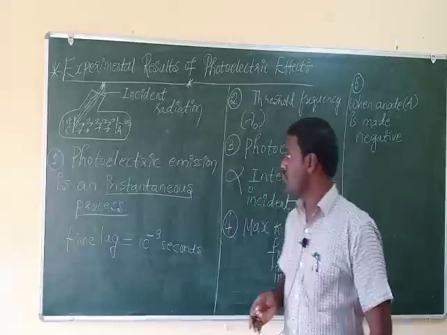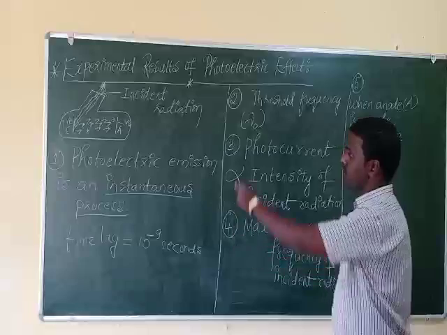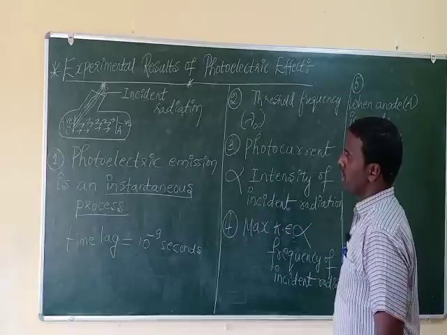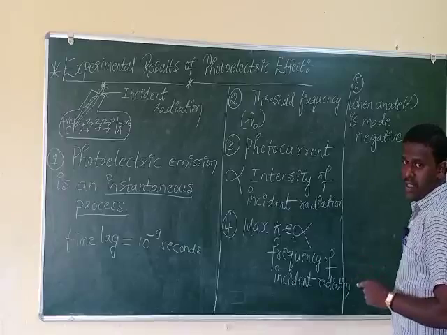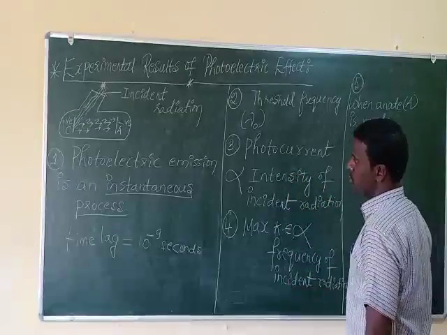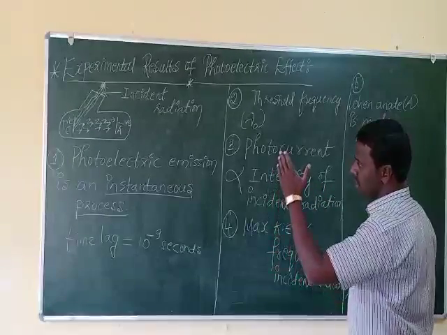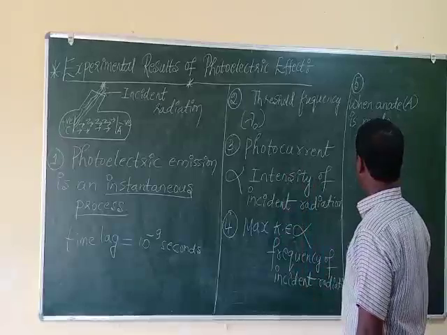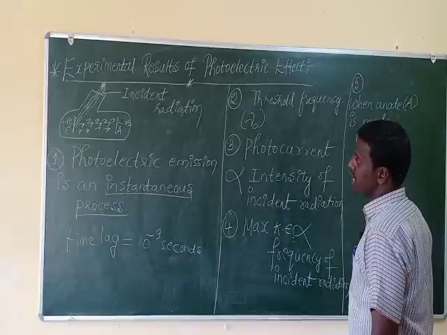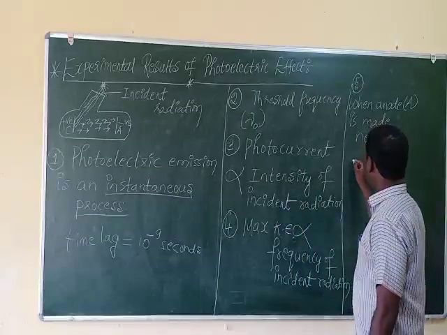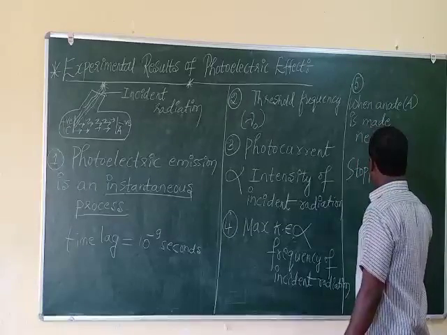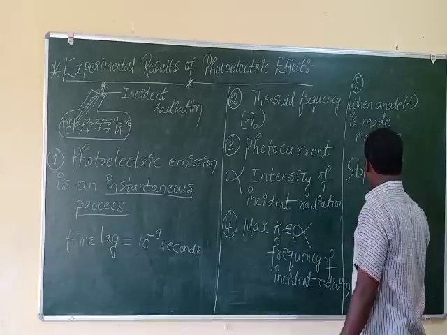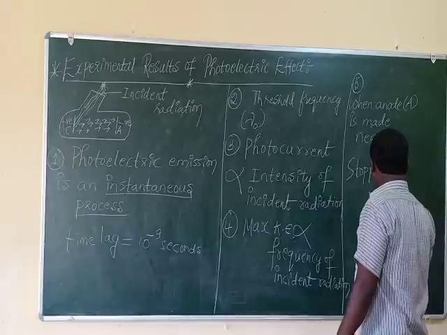For a particular value of negative potential given to the plate A, the photocurrent becomes zero, and that negative potential given to the plate A is called stopping potential.